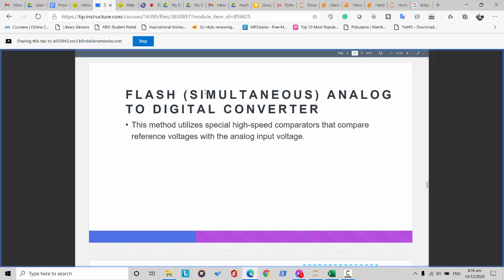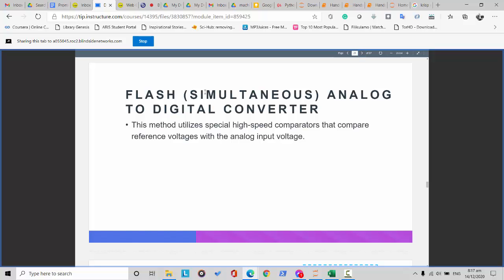Here we have the flash or the simultaneous analog to digital converter, and this method utilizes special high-speed comparators. You remember the linear applications of the operational amplifier that we discussed last week. So we have the comparator.